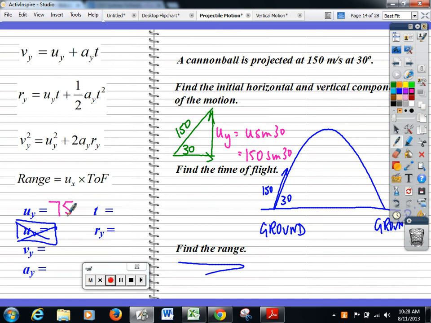Now, while we're here, we are going to work out UX. UX would equal U cos 30, which is equal to 150 cos 30. So 0.9 of 150 is approximately 129.9. We will just go to 130 metres per second.